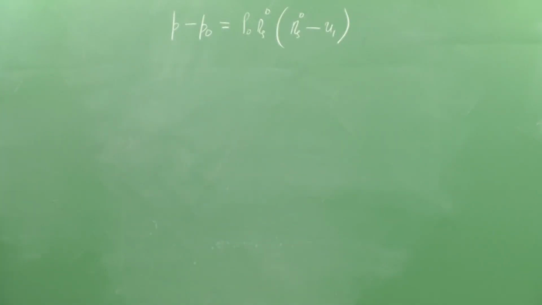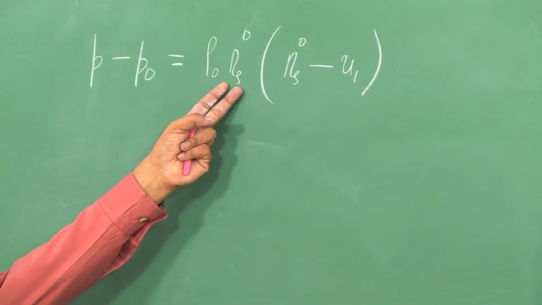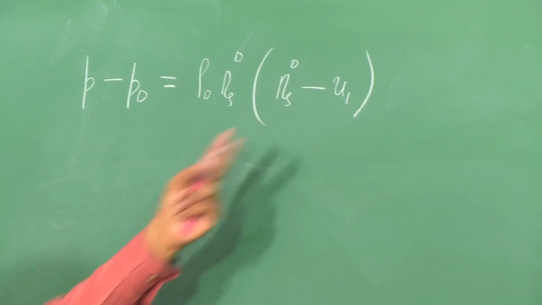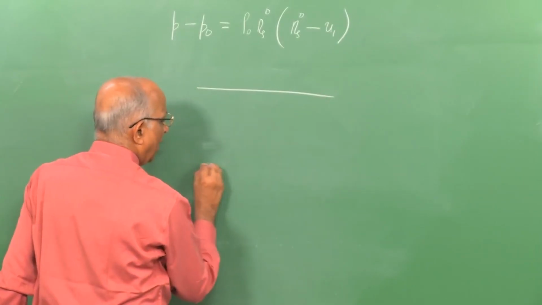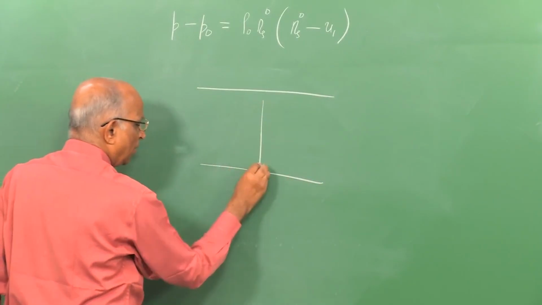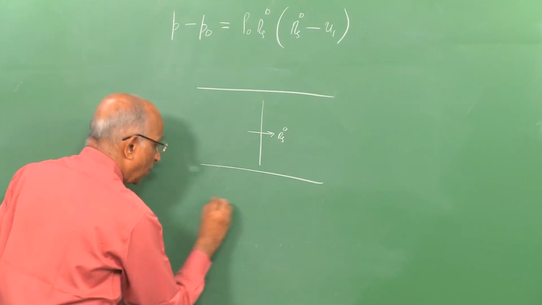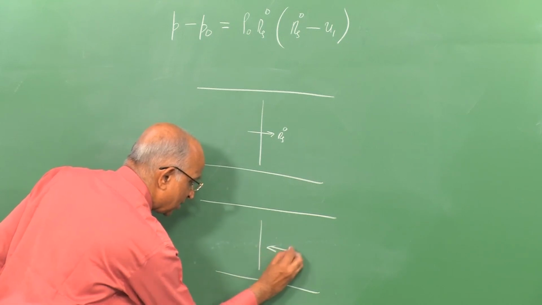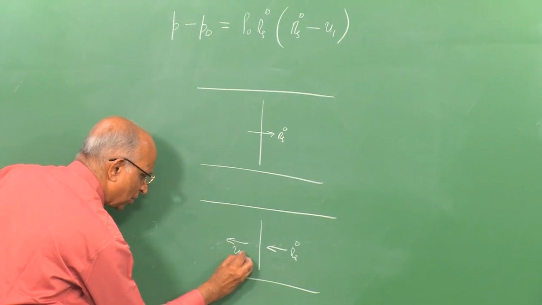And now we would like to express it in terms of Mach number: we will get rid of Rs dot, we will get rid of u 1, and put it in terms of Mach number. Therefore, the problem which we consider is, I have now this shock which is travelling at velocity Rs dot, or equivalently in the frame of reference of the shock, the gas is moving at a velocity Rs dot, and it is moving here with a velocity u 1.